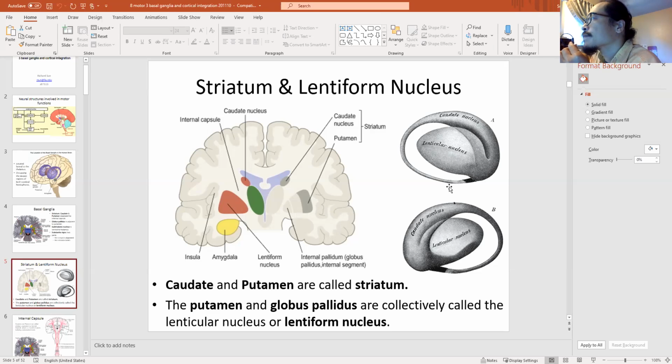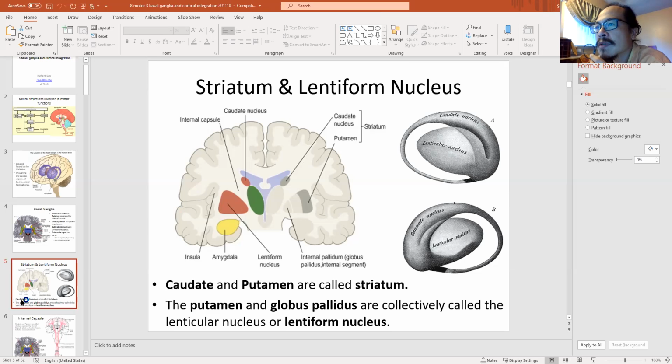So that's the lentiform nucleus right here, and the caudate nucleus. So that's an easy area for a quick question: what's part of the striatum, and what's part of the lentiform nucleus, right?